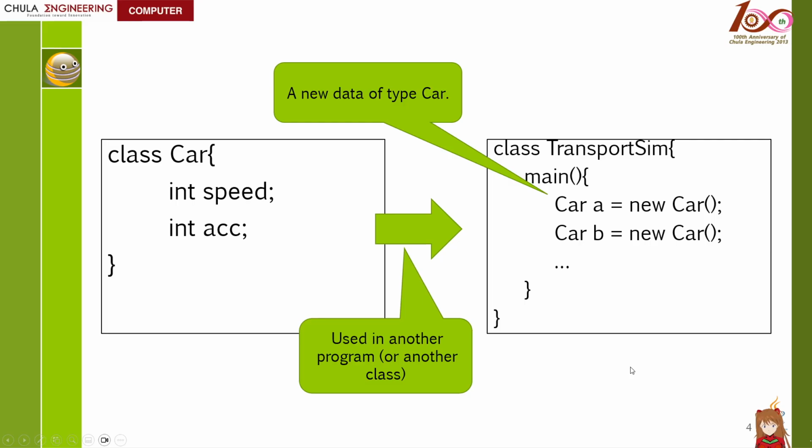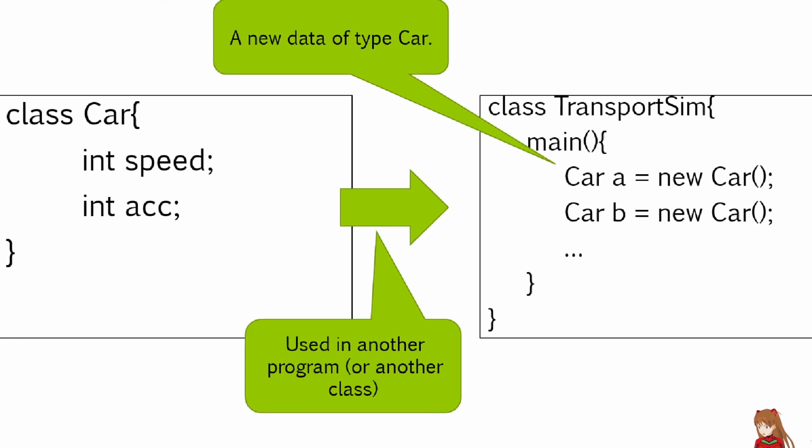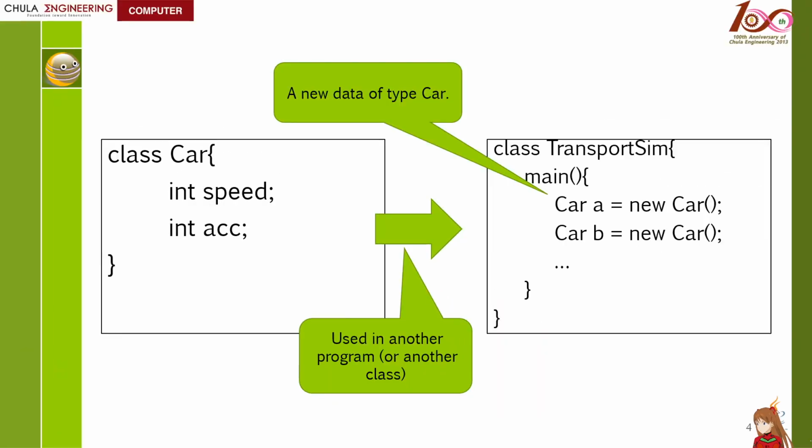Okay. So, let's see what a class looks like. This is a definition of class Car. All right? So, class Car here is a template for defining data of type car.